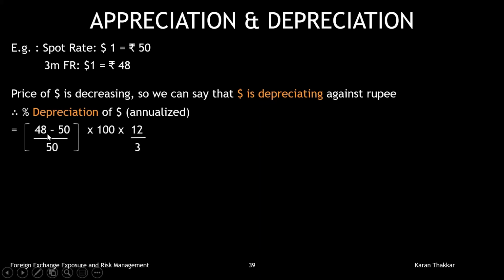So it is the change, that is from 50 it goes down to 48, upon original amount, that is 50, into 100 to get it into percentage terms, and 12 by 3 because you need an annualized figure, which gives us 16 percent per annum. Notice as I am writing depreciation, I am ignoring the negative sign that would have come when you solve these numbers, but as we are directly writing it's a depreciation, it can be a positive number.